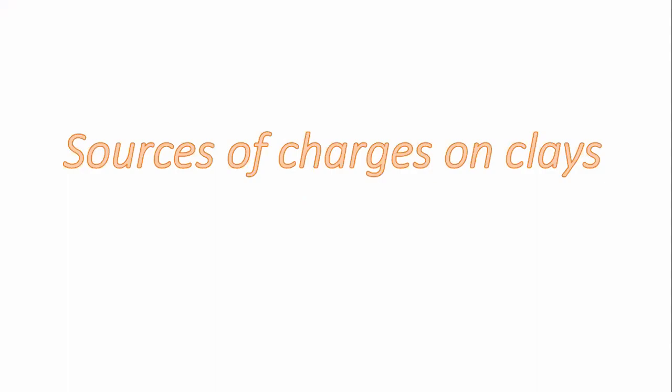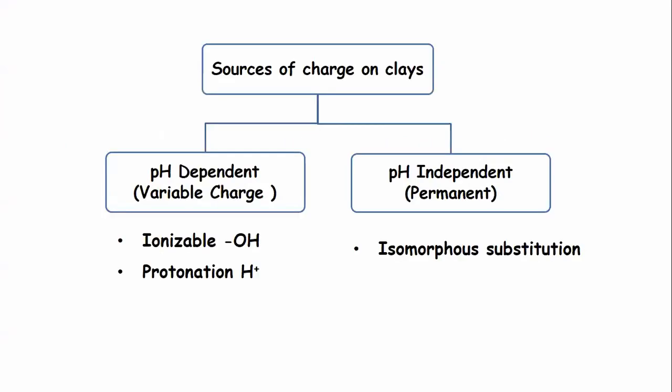Can you all see my slides now? Normally, there are two major sources of charges on the soil colloids. One is pH dependent charge, that is the variable charge, so it is a dynamic one. The other one is pH independent.